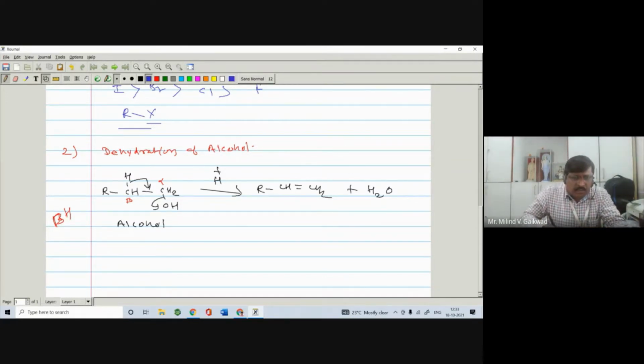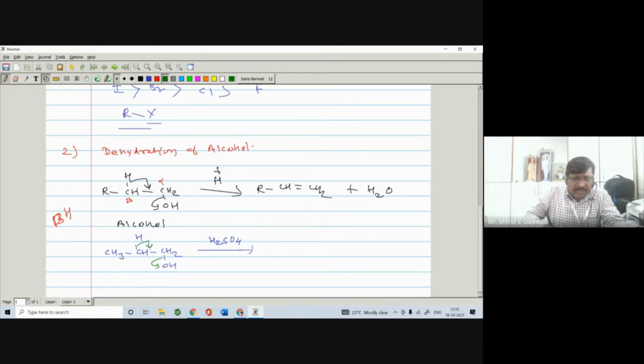For example, suppose I take CH3, here is the CH2, and here is the CH2OH, meaning n-propyl alcohol reacting with H2SO4 or H plus. This sigma bond will open, with OH leaving as OH minus and a positive carbon.